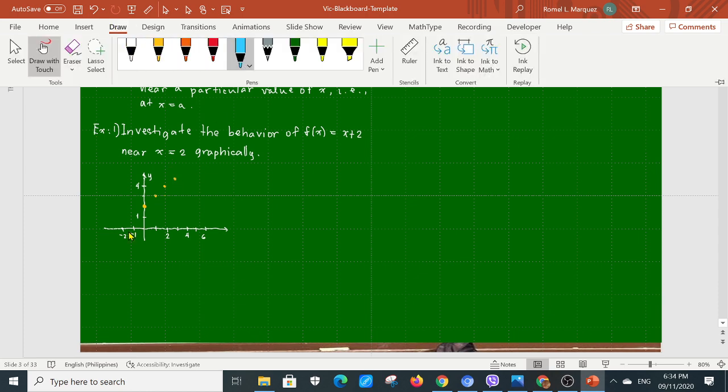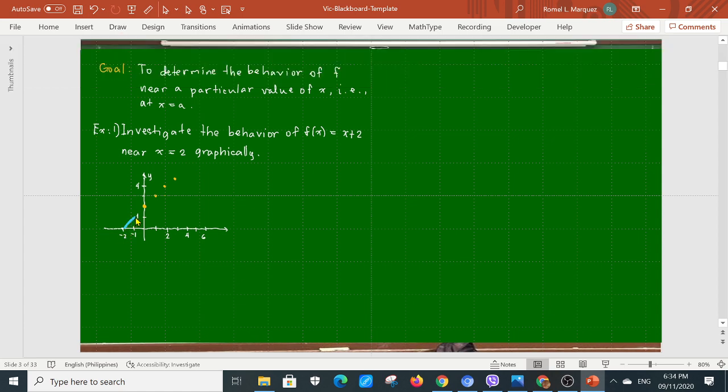So this is now the line. This is the line. The straight line. Hopefully, I will be able to trace it nicely. So that's the line, no? It's not a perfect one. It is the point where we are interested.